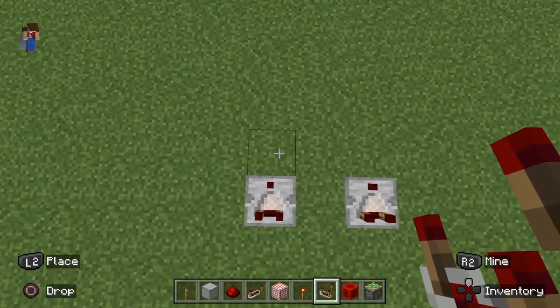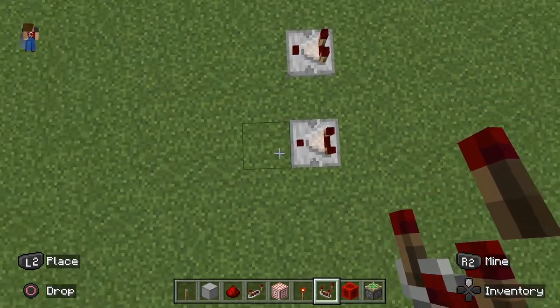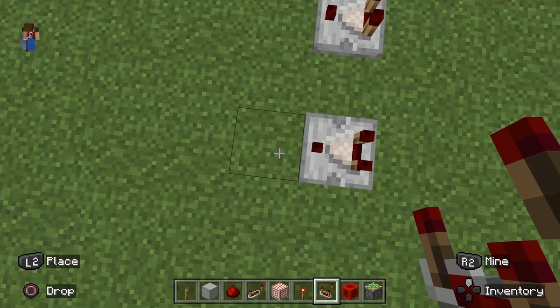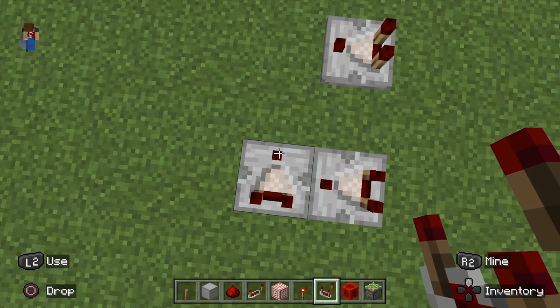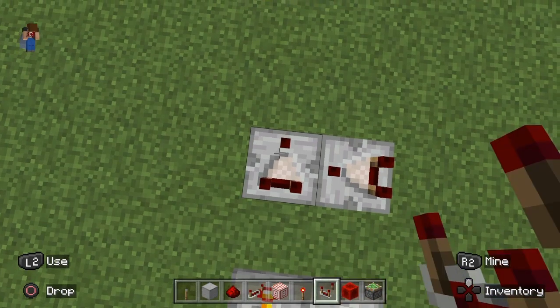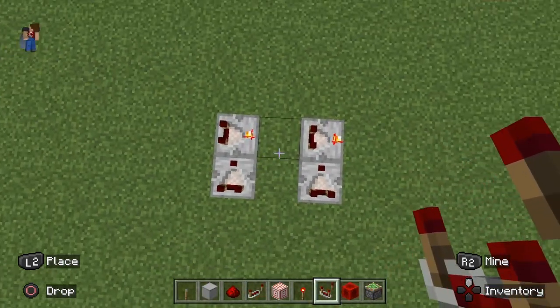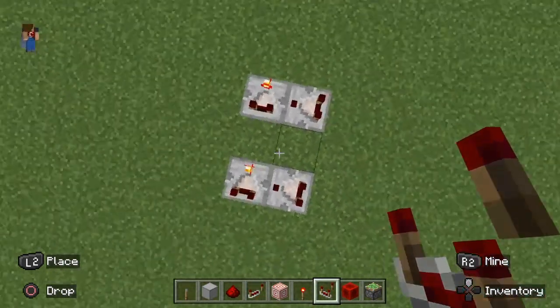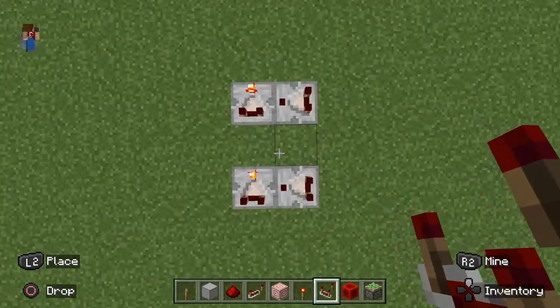Now plug these into the side of two comparators on subtract mode, like this, 3 by 2.